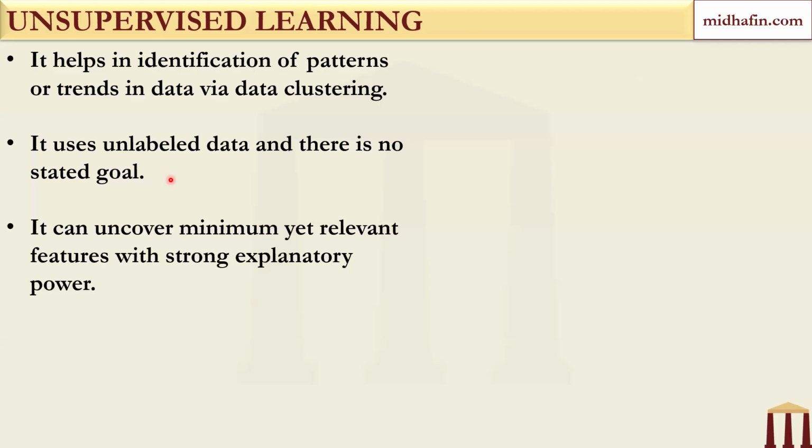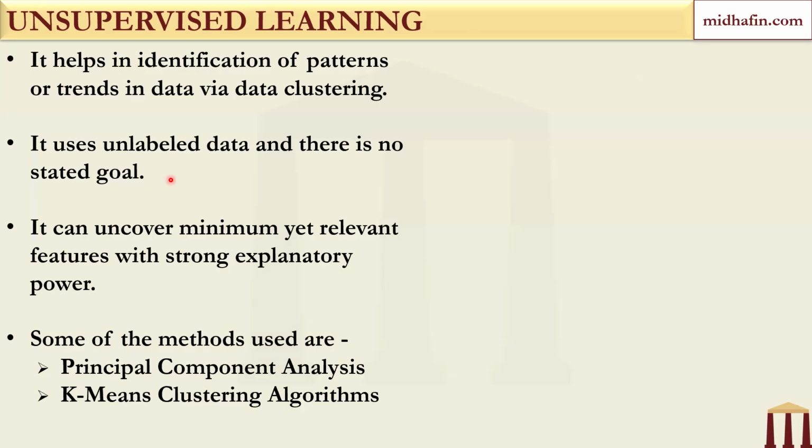Some of the methods are principal component analysis and the k-means algorithm. Principal components analysis helps us in reducing the dimensionality of the data while keeping most of the important information. And k-means clustering groups similar data points together into clusters.